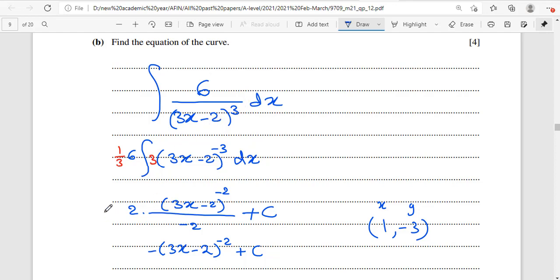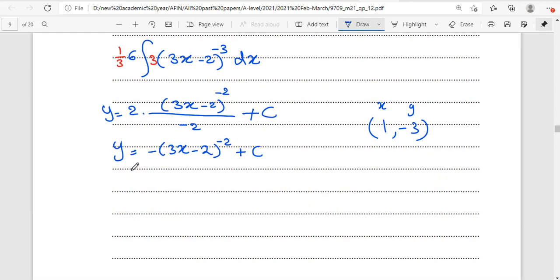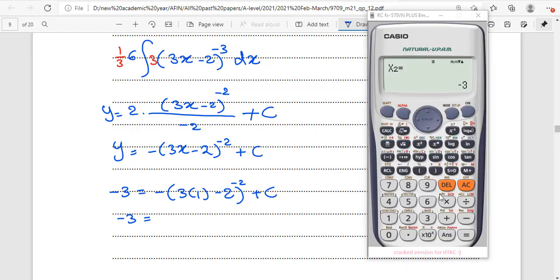Now, after the integration, it's just y. Then we replace y by negative 3 and x by 1. Negative 3 is equal to negative (3 times 1 minus 2) to the power negative 2, plus c. Look at this equation. The only unknown term is c. It's solvable. Then negative 3 equals negative (3 times 1 is 3, minus 2 is 1). 1 to the power negative 2 is 1.